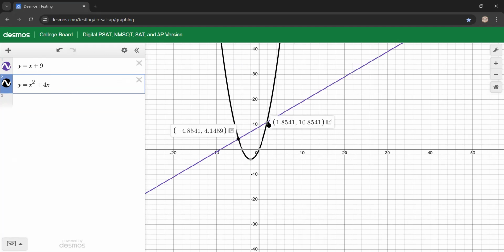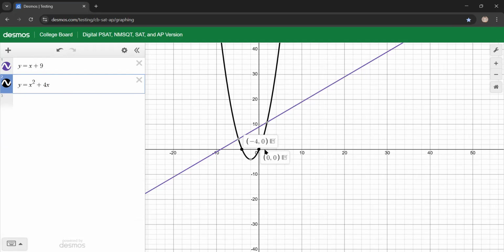Solution is always the intersection. If the question is telling you about the intersection, or about the solution of two equations, they are the intersections. And the solution of a quadratic, if you have only one equation, let's say a quadratic, what is the solution? Solution is the x-intercept.